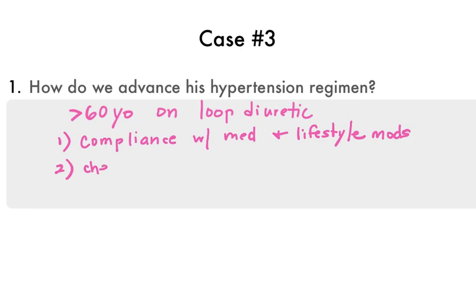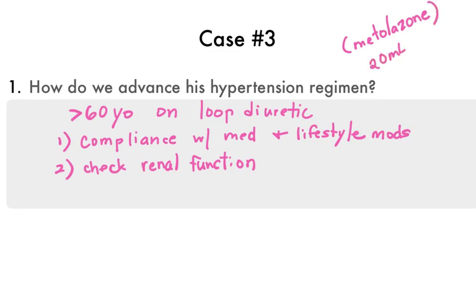So a loop diuretic may not be the best choice for him on the scale of all the diuretics. We do have diuretics, of course, that can be used when creatinine clearance gets even below the 20 milliliters per minute range. Metolazone in particular is what I'm thinking of. But we would need to assess what his renal function is like.